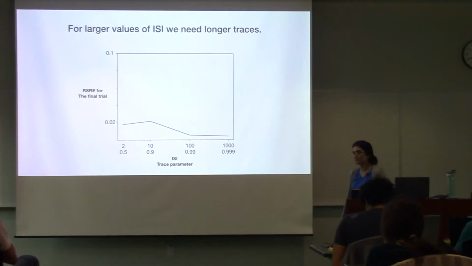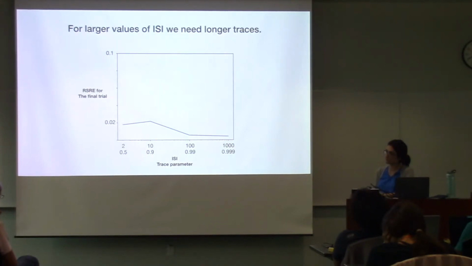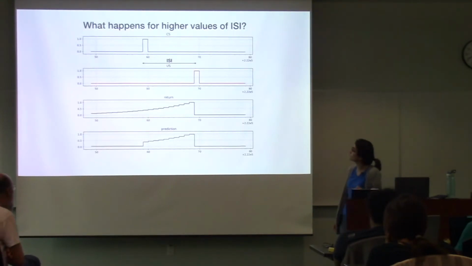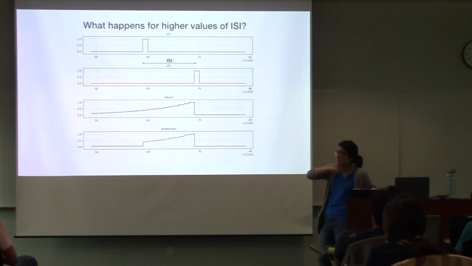If you do two kinds of trials, one with a 10 time step ISI and one with a 20 time step ISI, and mix them together, half the time one, half the time the other, you should see two peaks.